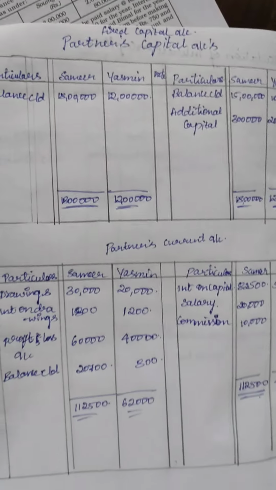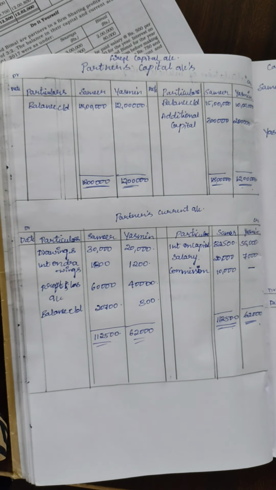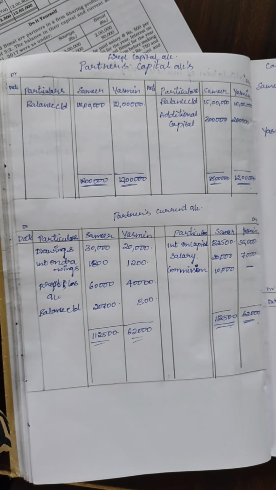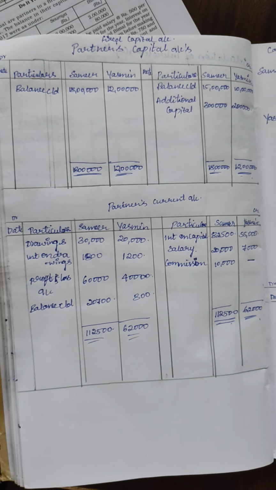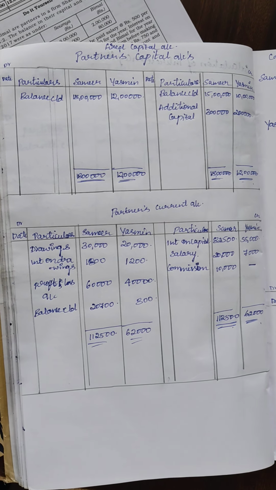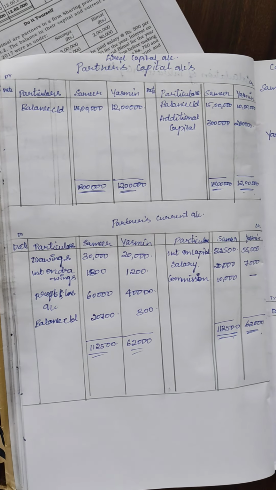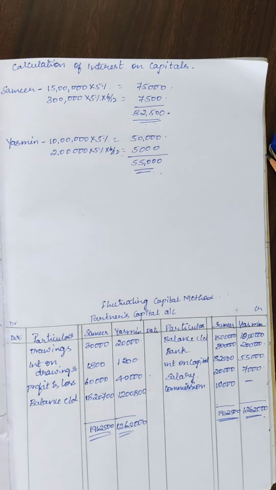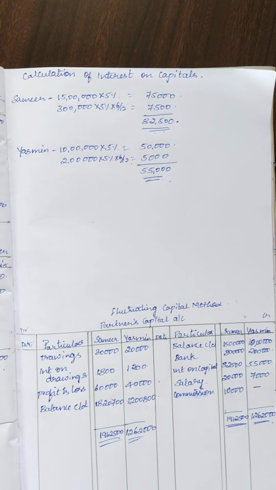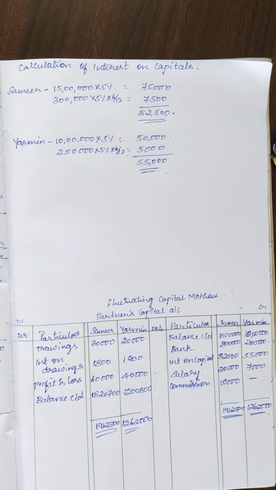You can take a screenshot of it and solve it in your problem. Hope you have taken it. And here, calculation of interest on capitals and fluctuating capital method.